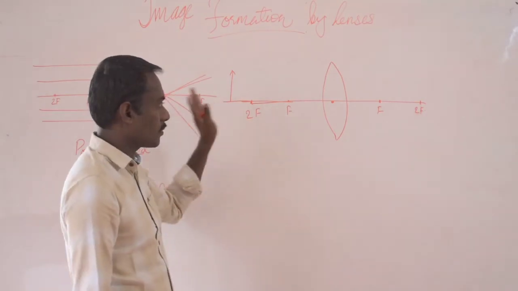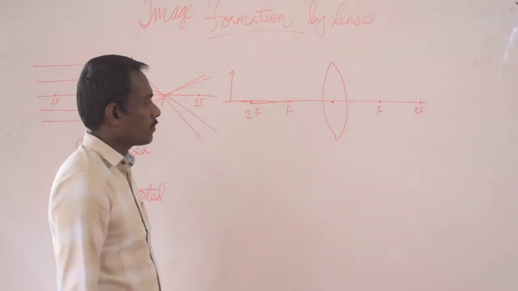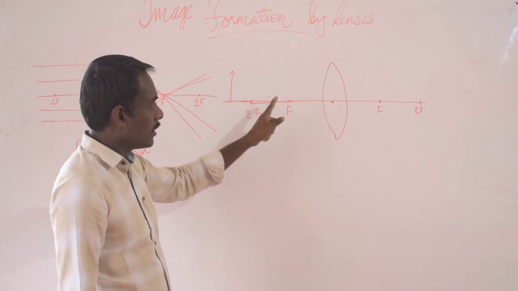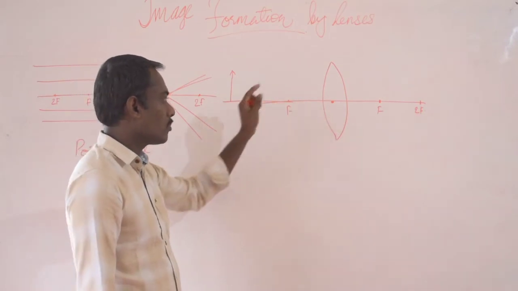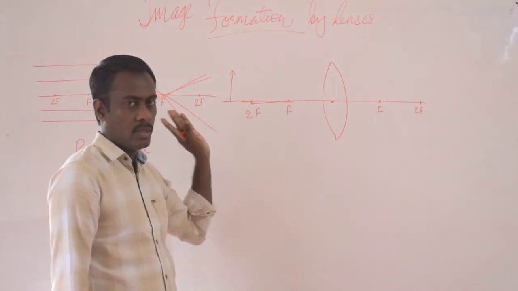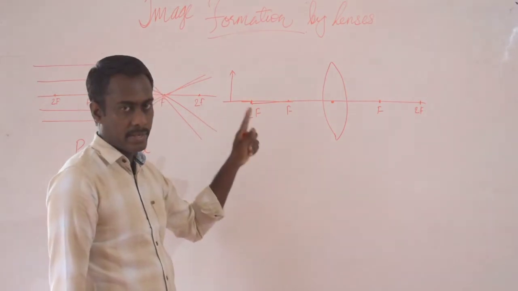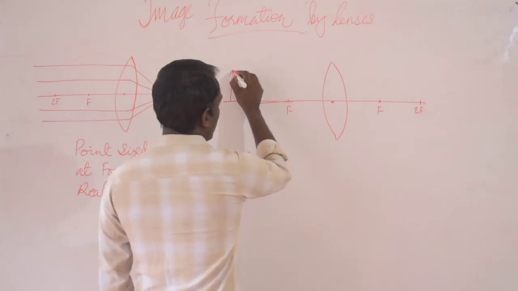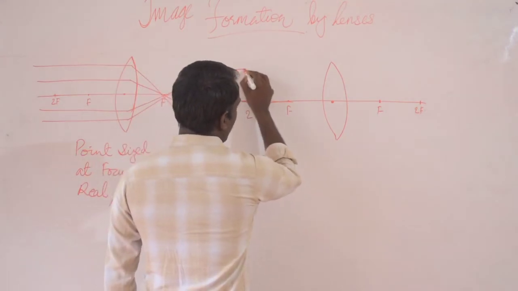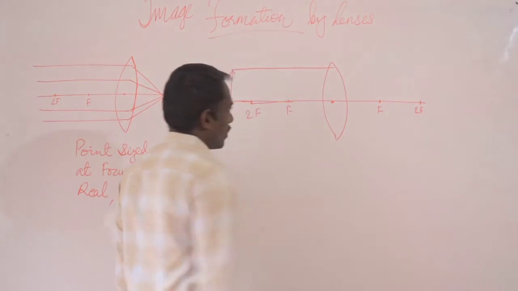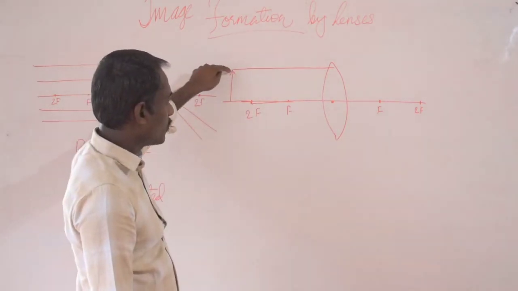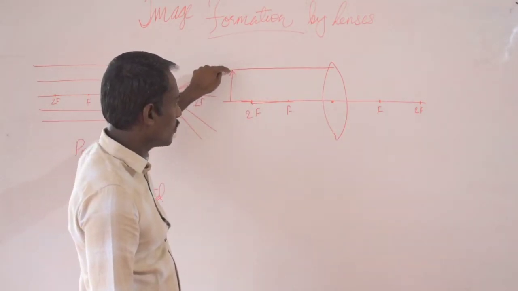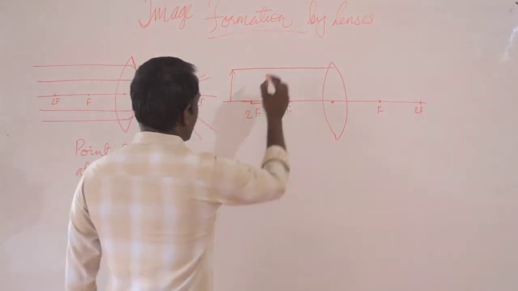That is the position of the object. In order to track the image formed by this convex lens when the object is kept beyond 2F, first we need to consider a ray diagram, as I said yesterday: a ray of light which is parallel to the principal axis, from a particular point on the top of the object.